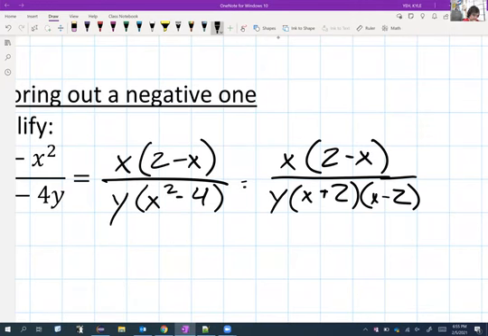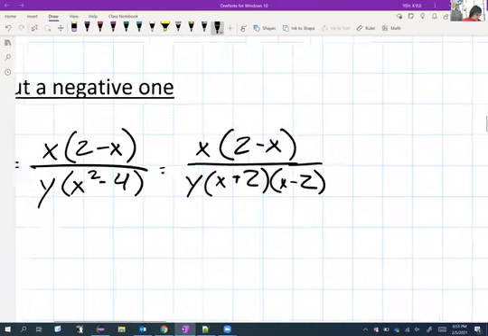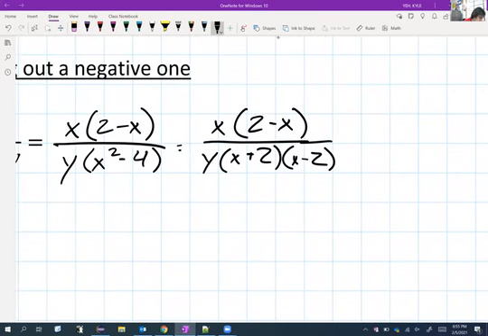Okay. Where do we go from here? There's nothing really to cancel, unfortunately. It's close. We have a 2 minus x on top and x minus 2 on bottom. So what do we do here? Well, here's my recommendation, and here's how you can think of it.